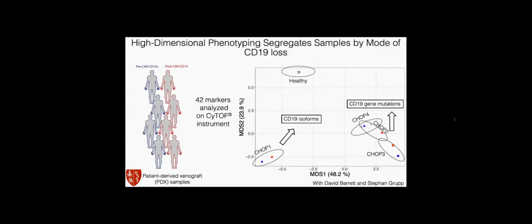And just by using our standard ALL panel with the CyTOF, we looked at 42 markers, and just doing an initial high-level look at the phenotype of these samples, we could see that they actually segregated based on their genetic mechanism of CD19 loss from what we knew of the samples, such that a healthy bone marrow that was analyzed with them completely separates away from the rest of the leukemia samples, and we see that CHOP1, which is the patient that had the CD19 splice isoforms, both in the pre-CAR and post-CAR sample, separates phenotypically away from the 3 other patients that were known to have mutations in the CD19 gene.